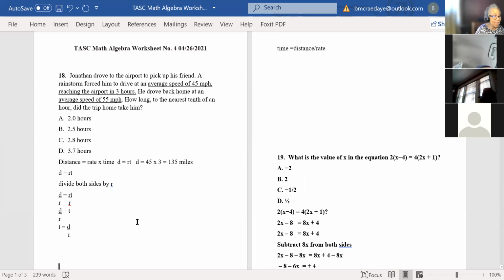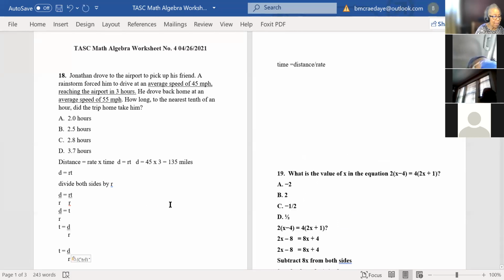Now, what is the distance, Vanessa? I want to substitute in this formula. What is the distance? I calculated that from his travel to the airport. What was that? That's the 45 multiplied by 3, which is 135. That's right.